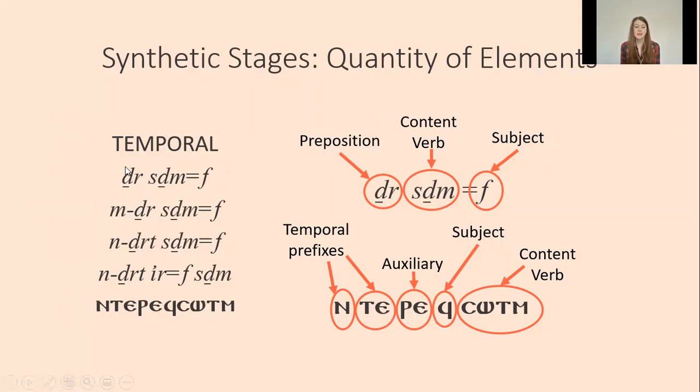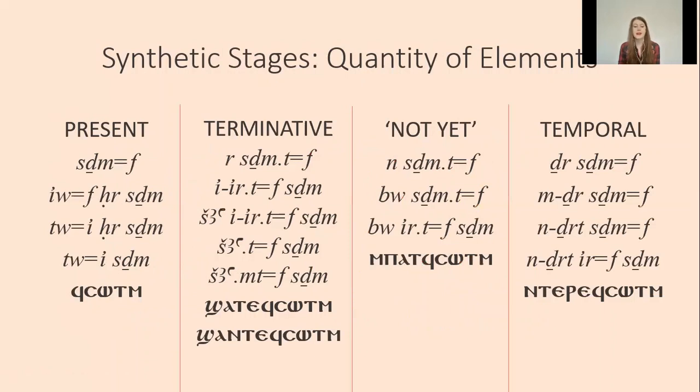And these 2 prepositions were then used in every subsequent form of the temporal construction, with a few changes, until its final synthetic form. So although I don't have time to go through every construction, I can tell you that every construction which has more elements in its later synthetic form than its earlier one has gained 1 element from the addition of an auxiliary, while a couple also add extra elements, as we've just seen in the temporal construction.